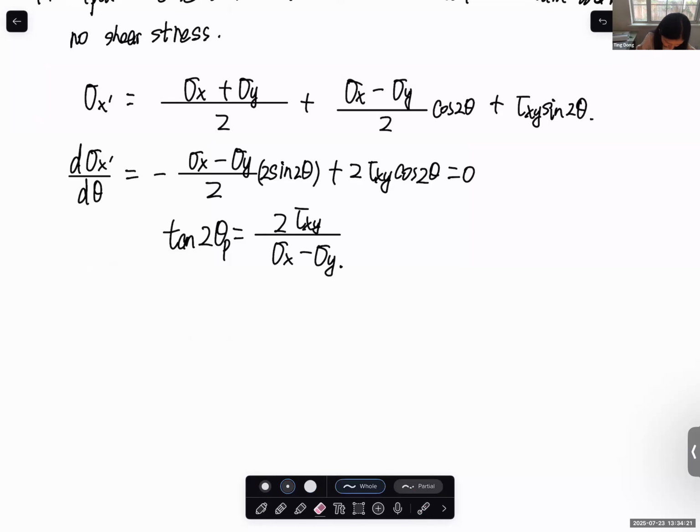Actually, we use this to solve for theta p, and we have 2 roots when we solve for theta p, and they are 90 degrees apart, of course. And we plug theta p back into the equation, we get sigma 1 and sigma 2, which are the principal stresses.